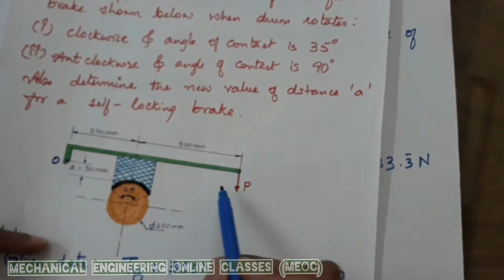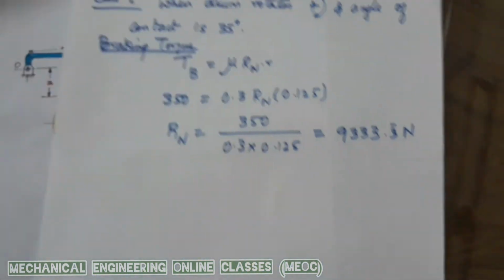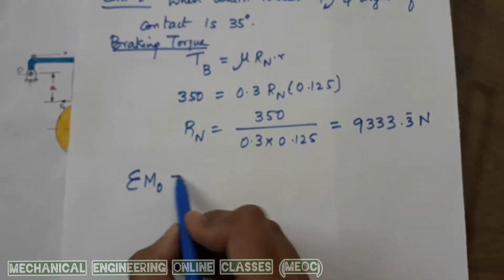Now our question is to find the force applied, that is P. We have to find this P. So for the equilibrium of the system, the sum of moments should be 0.